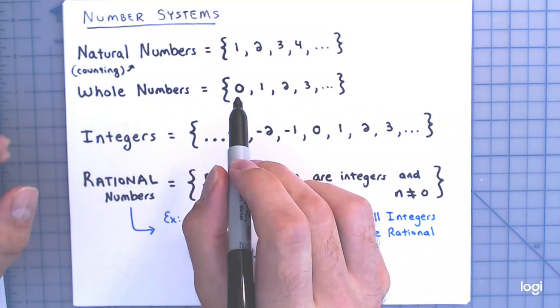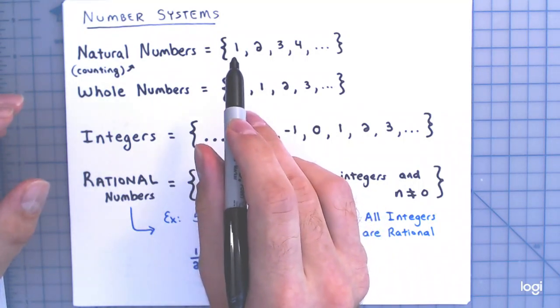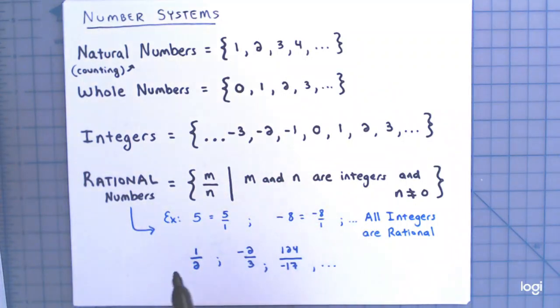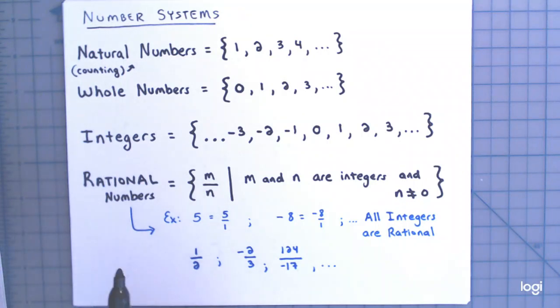Now in some textbooks I've also seen the number 0 thrown in with the natural numbers, so if you ever come across a textbook where 0 is also considered a natural number, don't worry too much about it. It's not that big a deal.